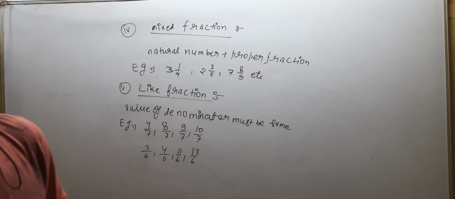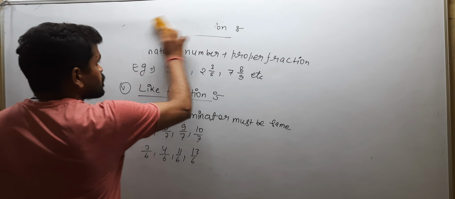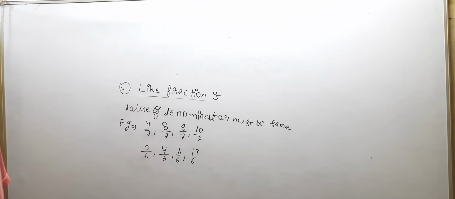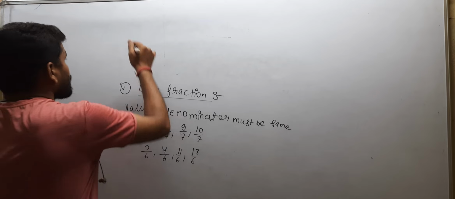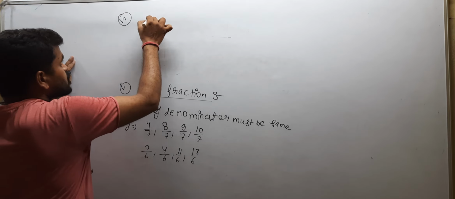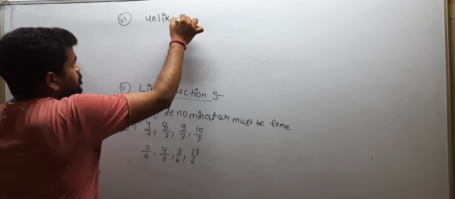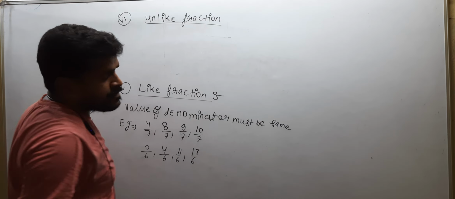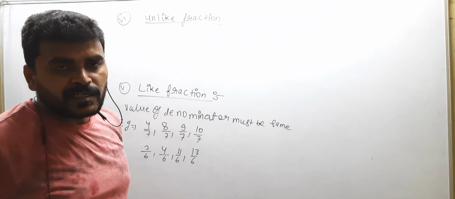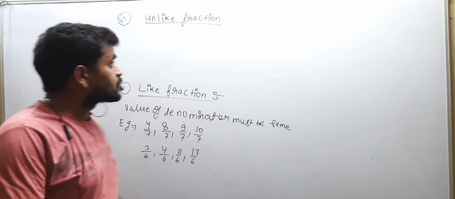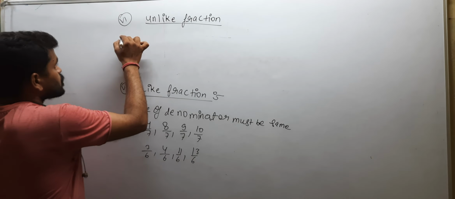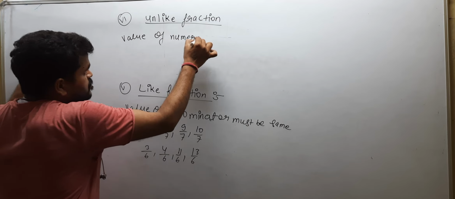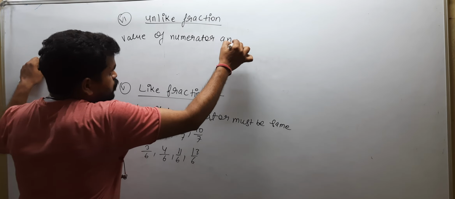Let's see some more types of fraction. The next fraction is the unlike fraction. What is an unlike fraction? In an unlike fraction, the value of the numerator and denominator both are different.